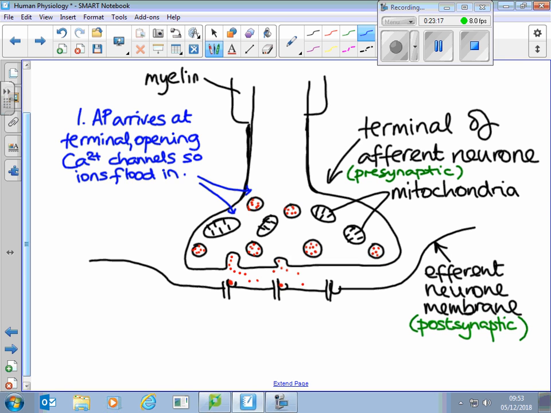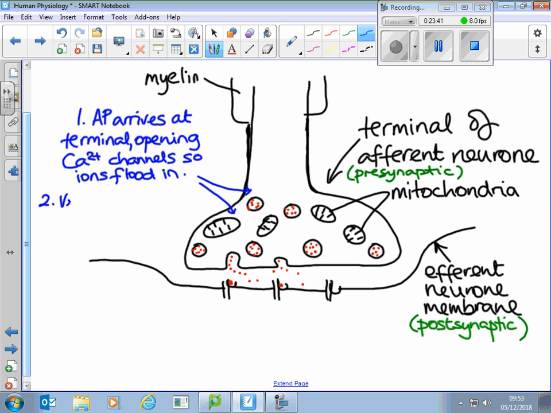Now, the effect of that is that it makes our vesicles in here, which contain a substance that's just generally called neurotransmitter, move to this presynaptic membrane. Okay? So unless that calcium floods in, they don't do that.